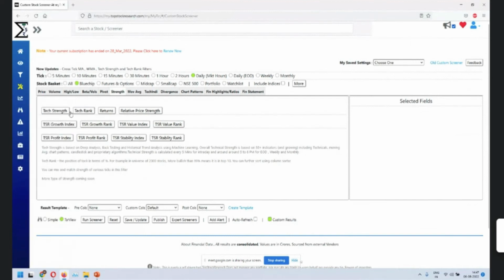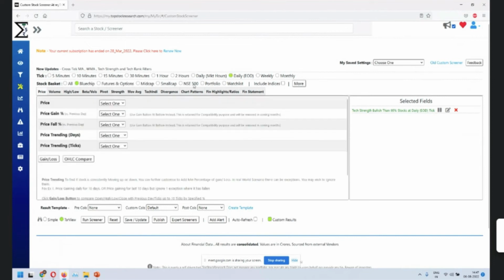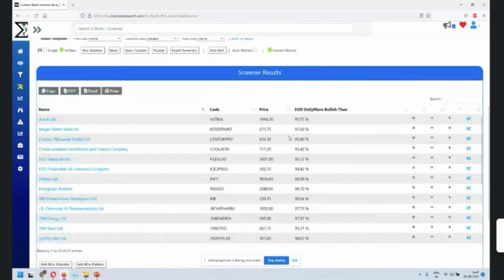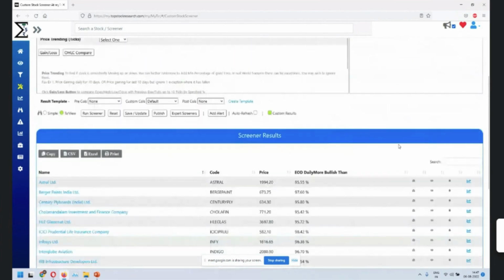So if you are looking for stocks purely from a ranking perspective, you want to see the stocks which are more bullish than 95% of the stocks on EOD, stock basket NSE 500. So these are the stocks which are more bullish than 95% of the stocks. So this is 95%, 97, 96.